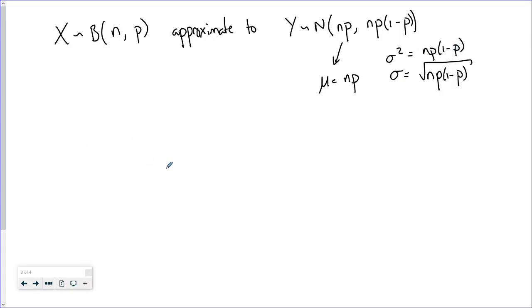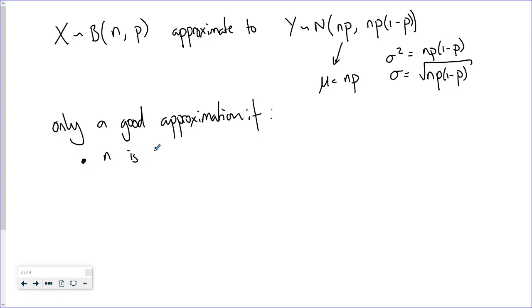And we need to remember the conditions for what makes this a good approximation. This is only a good approximation if the following conditions are satisfied: n has to be large, and p, the probability of success, has to be close to a half.